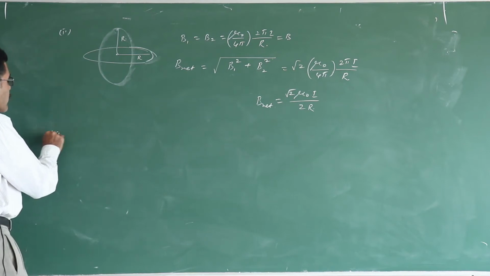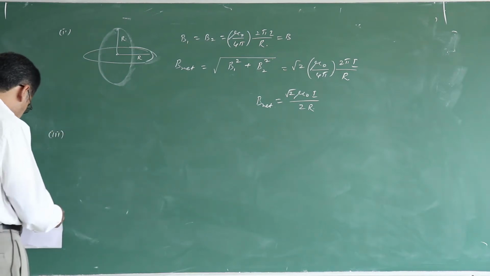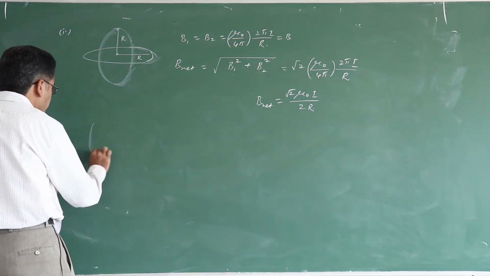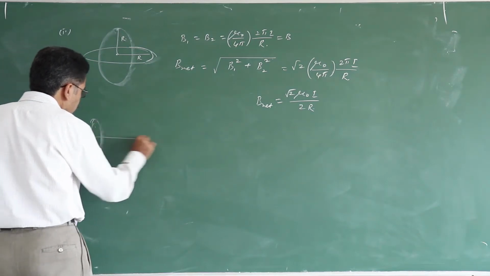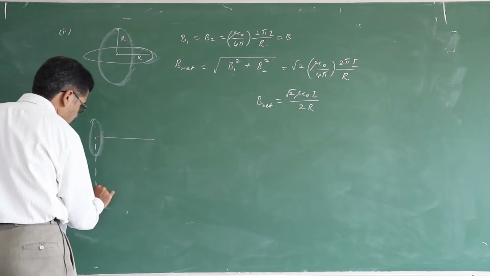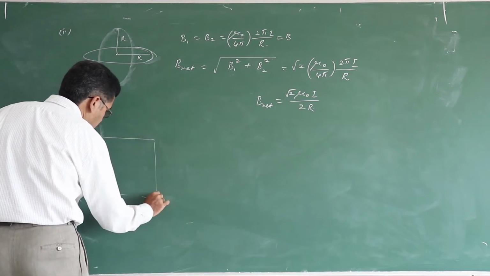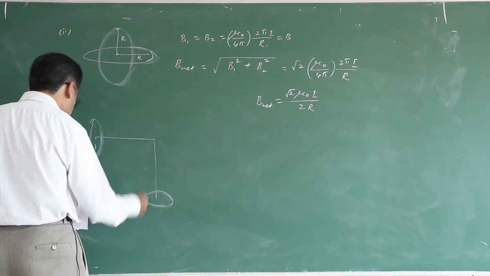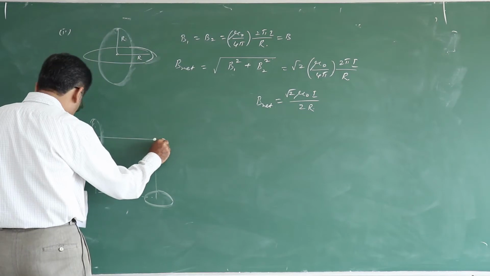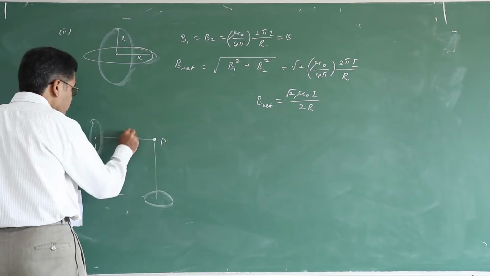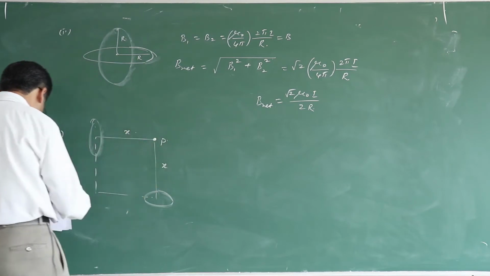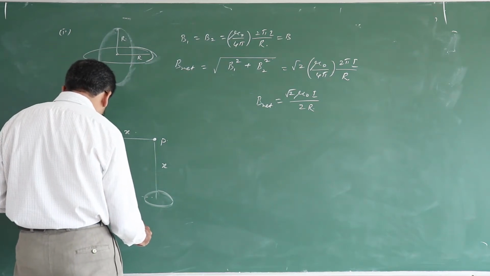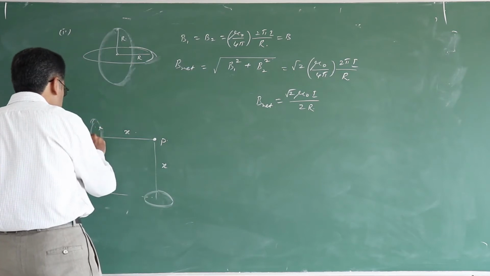Let us take a third interesting situation wherein the coils are kept like this. We have two coils. We want to know what is the magnetic field here. They are at the same distance. Let me take the current directions like this.